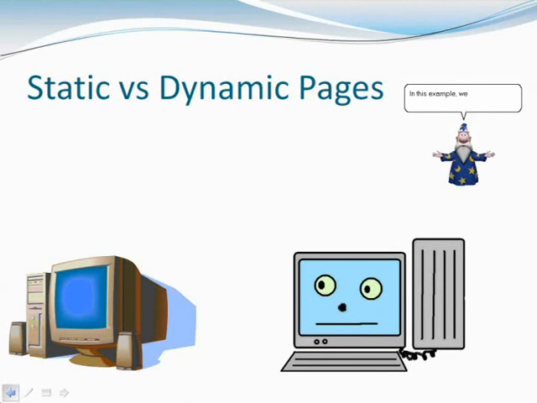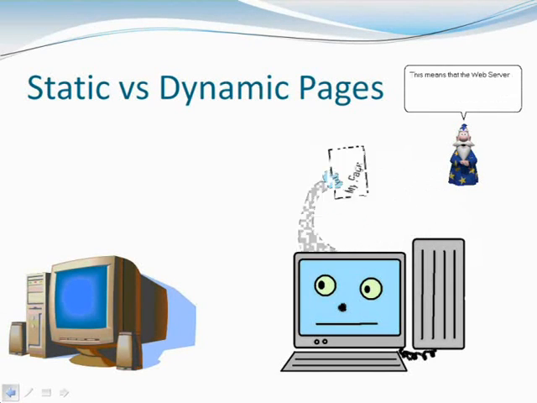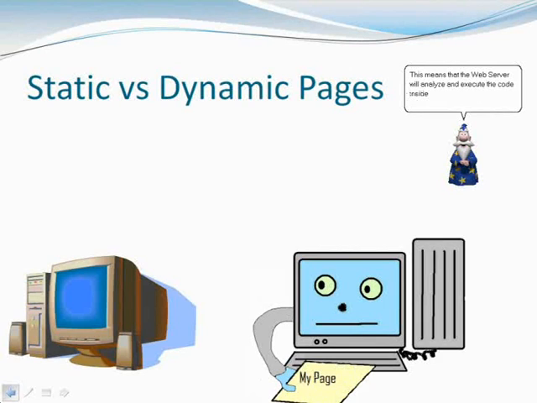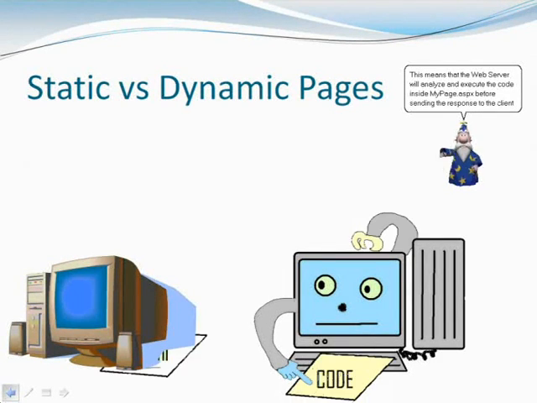In this example, we used HTML to indicate a static HTML page, but now I will use a dynamic page named ASPX. The extension ASPX indicates it is a dynamic page. This means that the web server will analyze and execute the code inside ASPX before sending the response to the client.